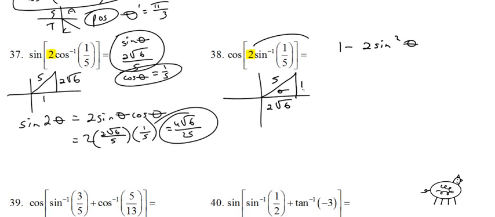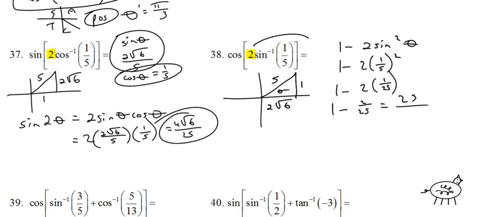Here, I just need one of the two, and I'm just going to use sine. So sine of theta, of course, is 1/5. So it's 1 minus 2 times 1/5 squared. All right, and that gives me 1 minus 2 times 1 over 25. So 1 minus 2 25ths, which is 23 over 25.